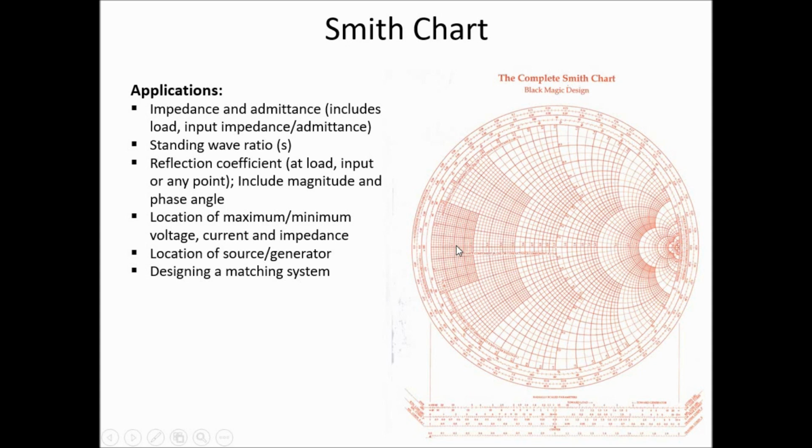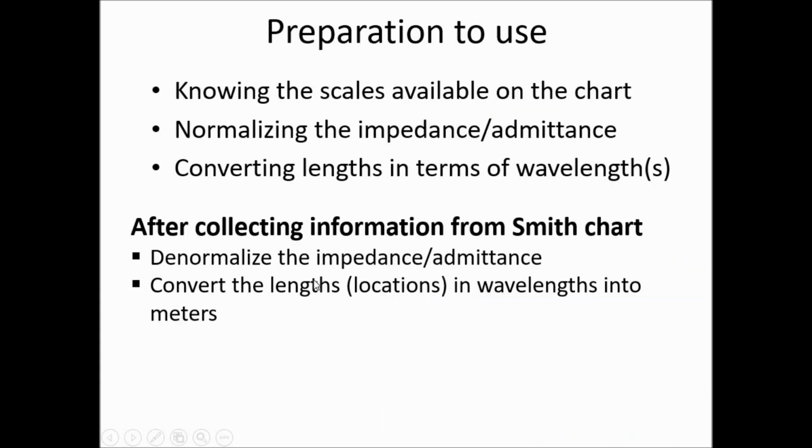The point at the left will have the minimum voltage, maximum current, minimum impedance. And you can find the location of the source, and also you can design a matching system. So now, to use the Smith chart, you have to know the scales available on the chart.